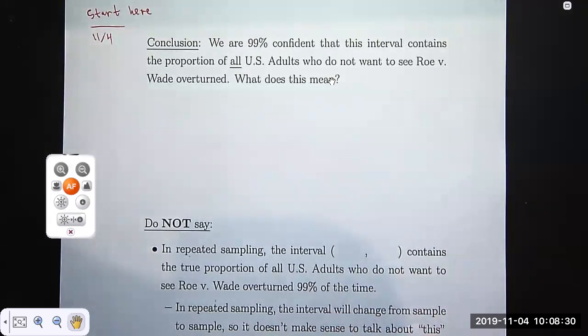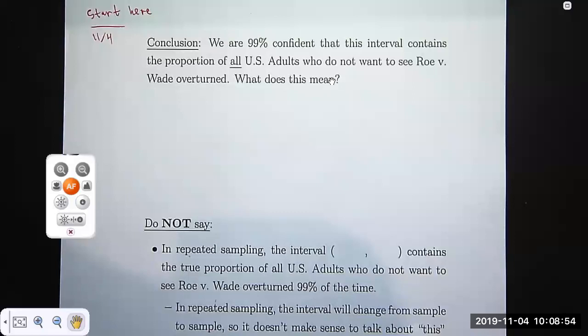All right, so we want to talk about what this means. If we were to say we are 99% confident that this interval contains the proportion of all US adults who do not want to see Roe versus Wade overturned, what does this mean?